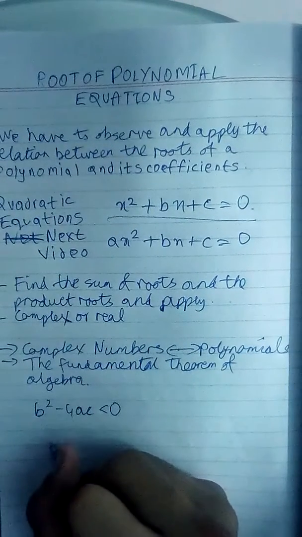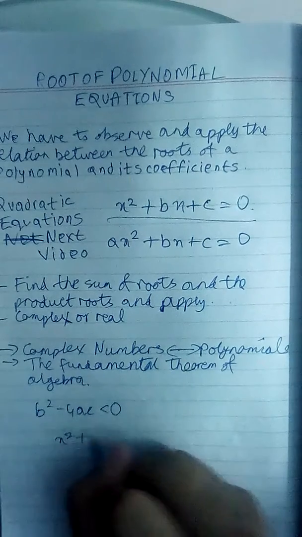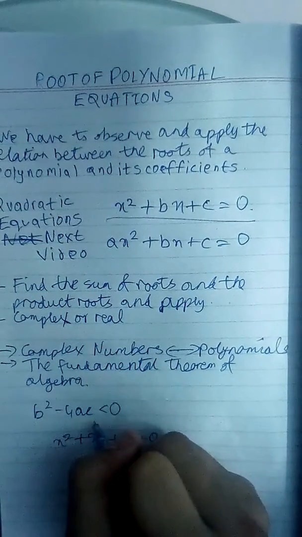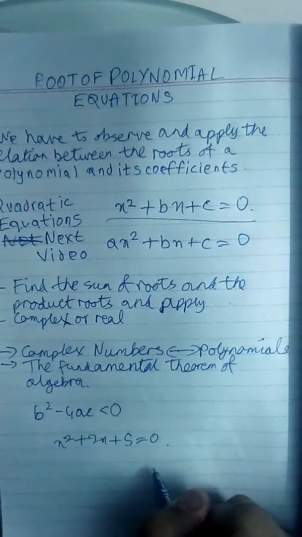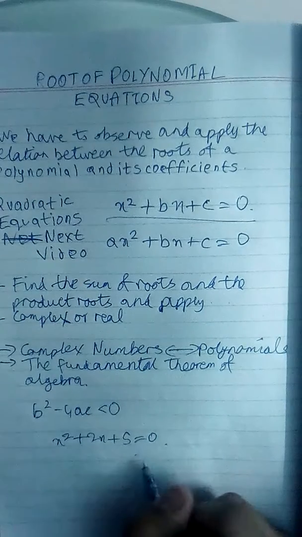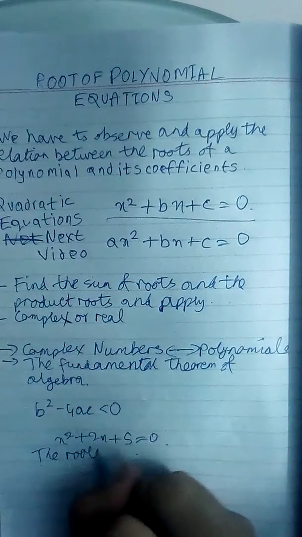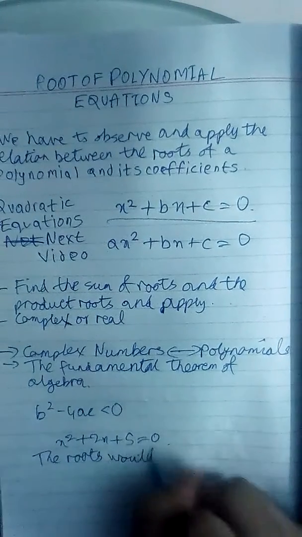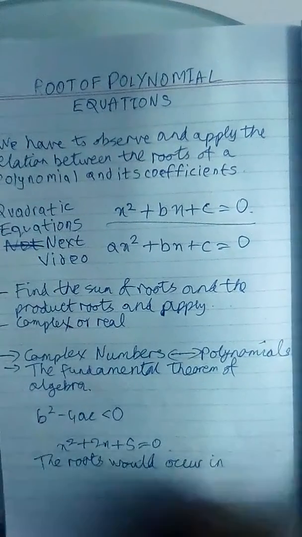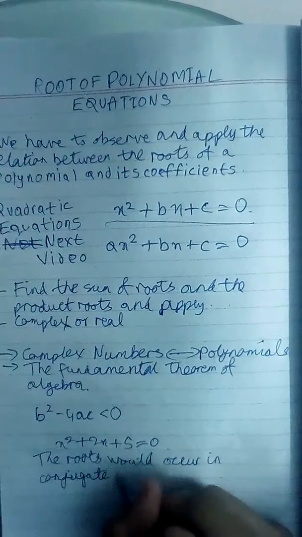Now, for an equation with real coefficients, for example x square plus 2x plus 5, where b square minus 4ac is less than 0, we would deduce that the roots occur in conjugate pairs.